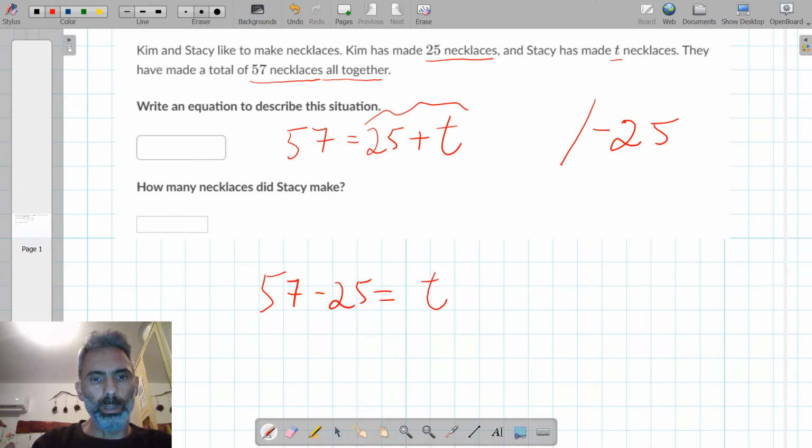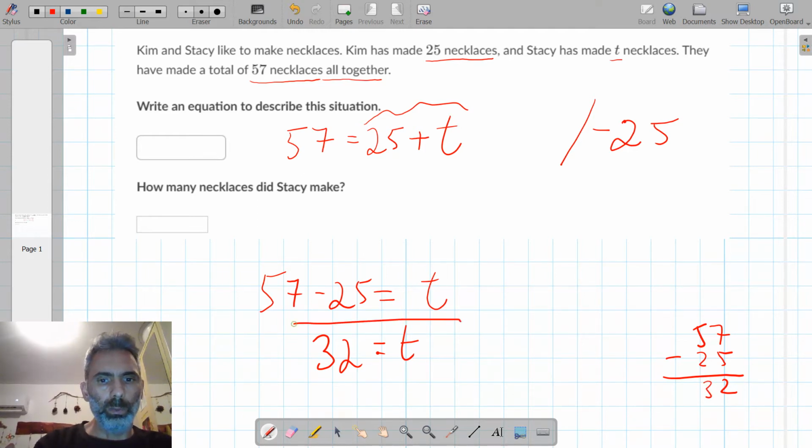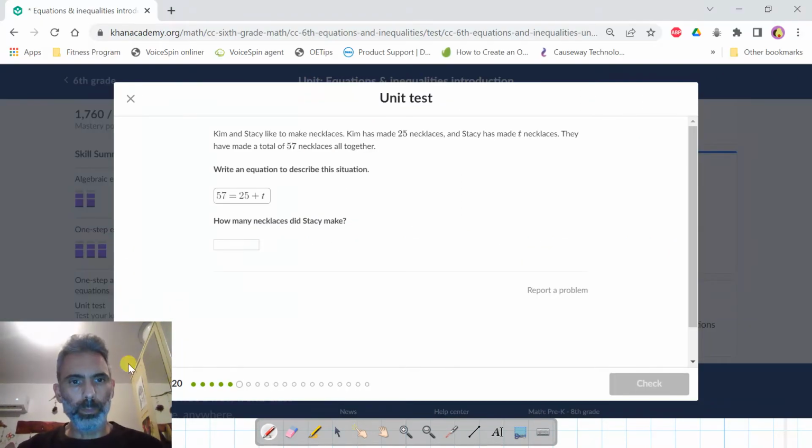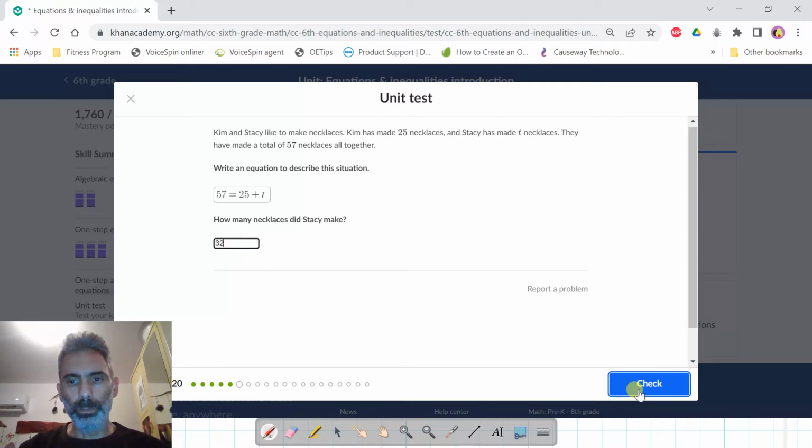So T equals 30. Just verify. How many necklaces did Stacy make? 30.